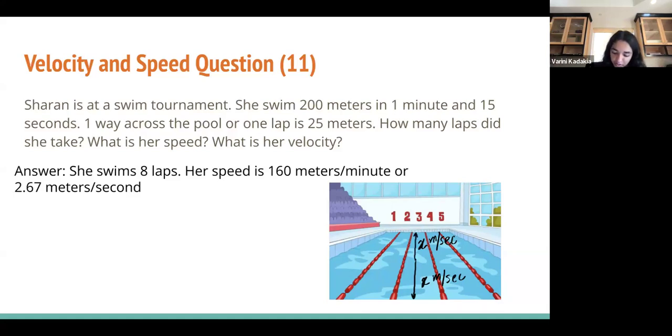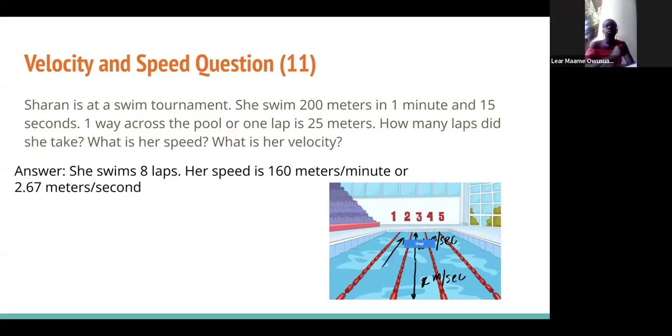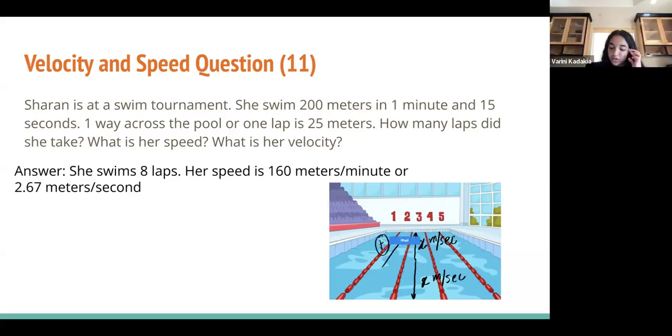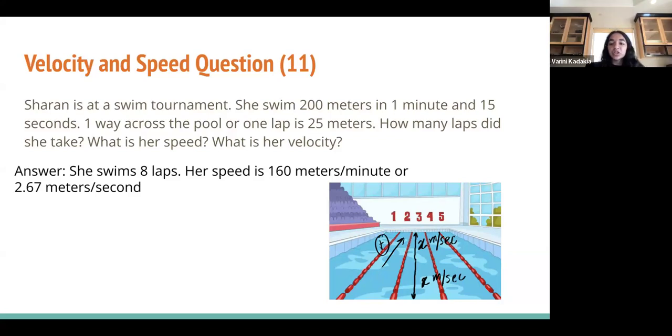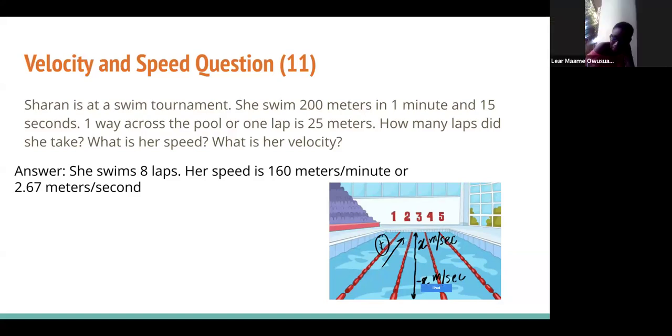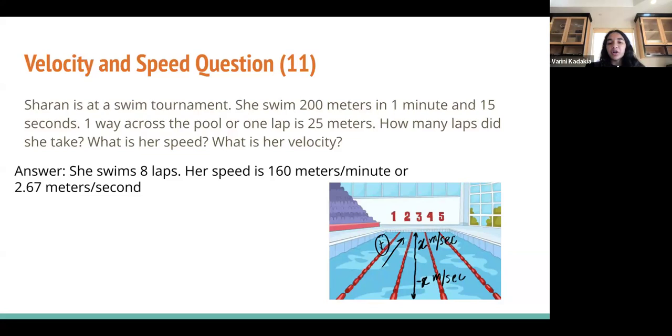When she goes this way, forward, she has a positive velocity. But when she turns around and goes backwards, she has a negative velocity. Does that make sense? Yes. She's going opposite the positive direction, which should be the negative direction.